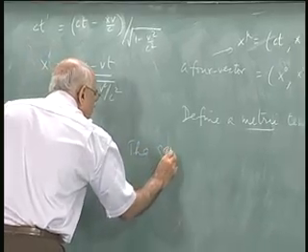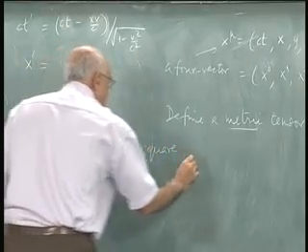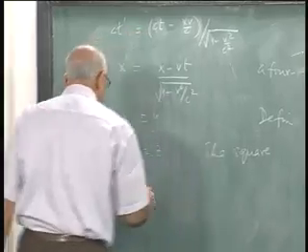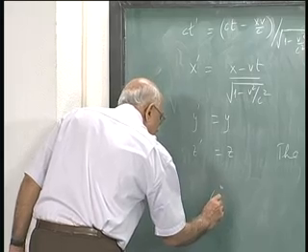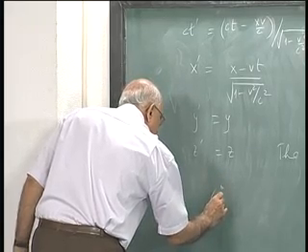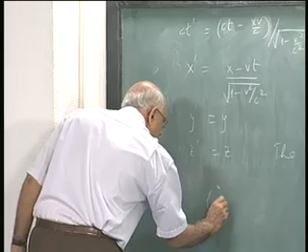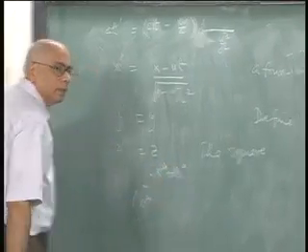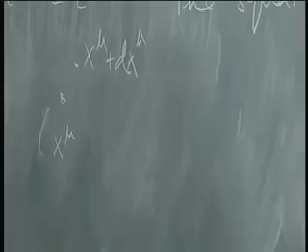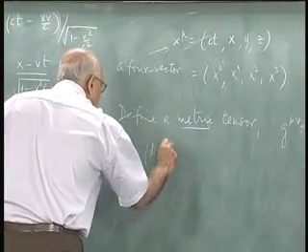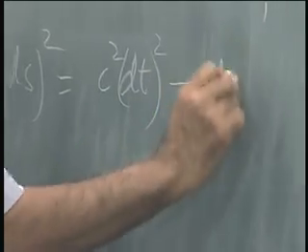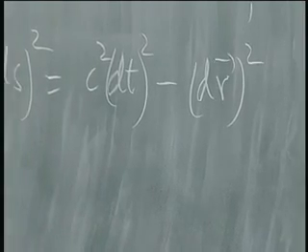If you have a space-time point x mu and a space-time point x mu plus dx mu, then the square, ds whole squared equals c squared dt squared minus dr squared, is called the square of the interval between these 2 points.